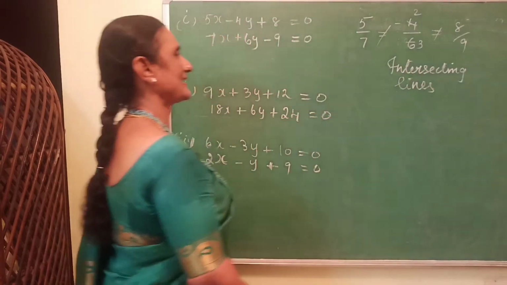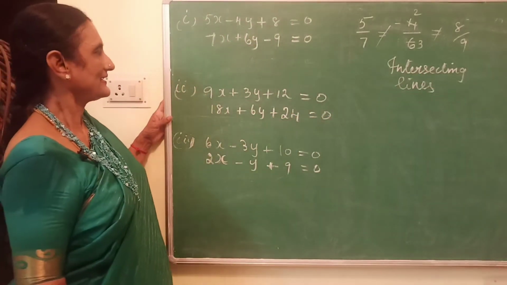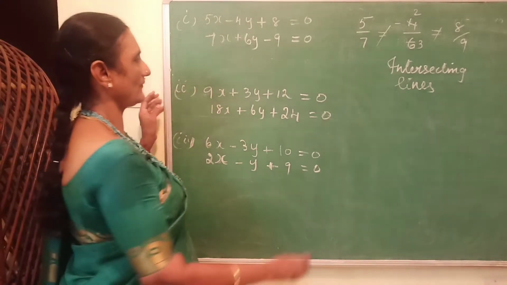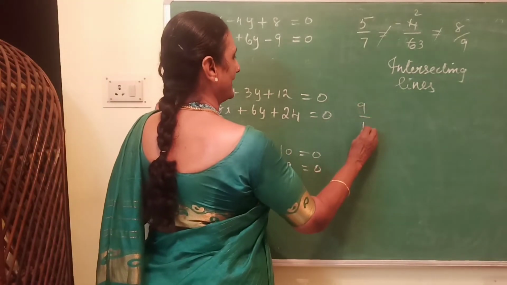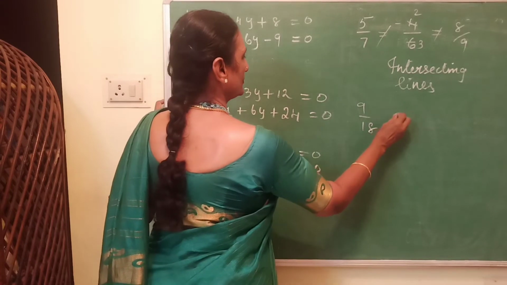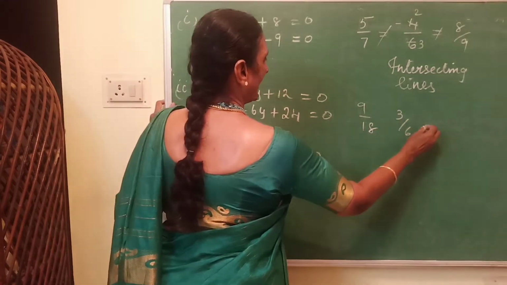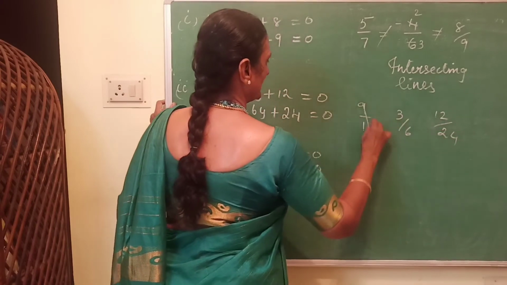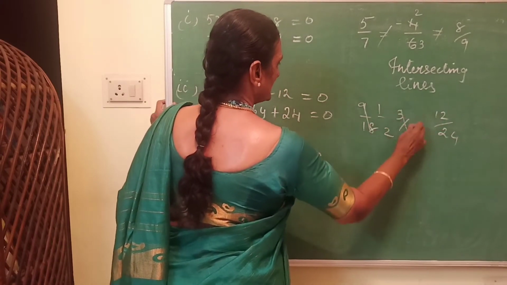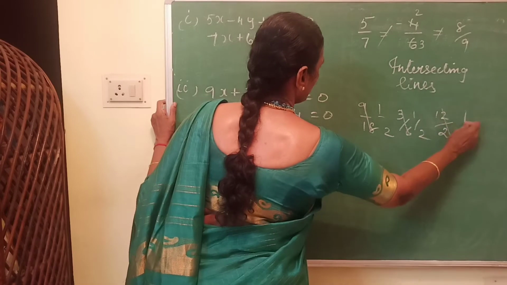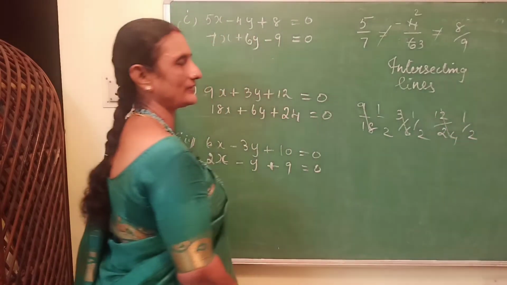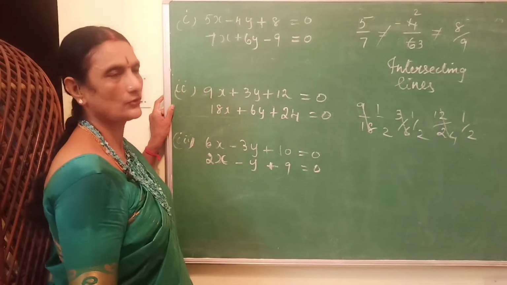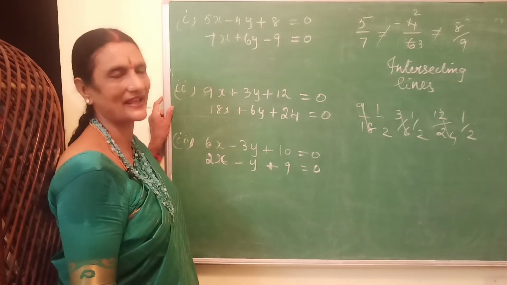Now let us take the second subdivision. We know that a1 by a2 is 9 by 18, b1 by b2 is 3 by 6 and c1 by c2 is 12 by 24. So this is 1 by 2, this is 1 by 2 and this is also 1 by 2. 2 times 12 is 24, 2 times 3 is 6 and 2 times 9 is 18.